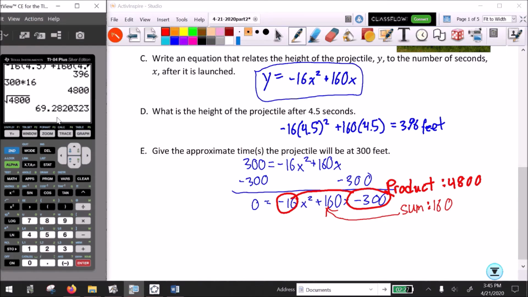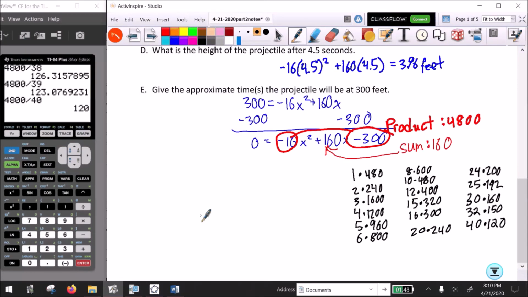So I'm going to begin by just factoring 4,800 using the brute force method of dividing it by every single number starting at 1. It took a little bit of work, but I found my factor pair that multiplies to 4,800 and adds up to 160. And that would be 40 multiplied by 120.